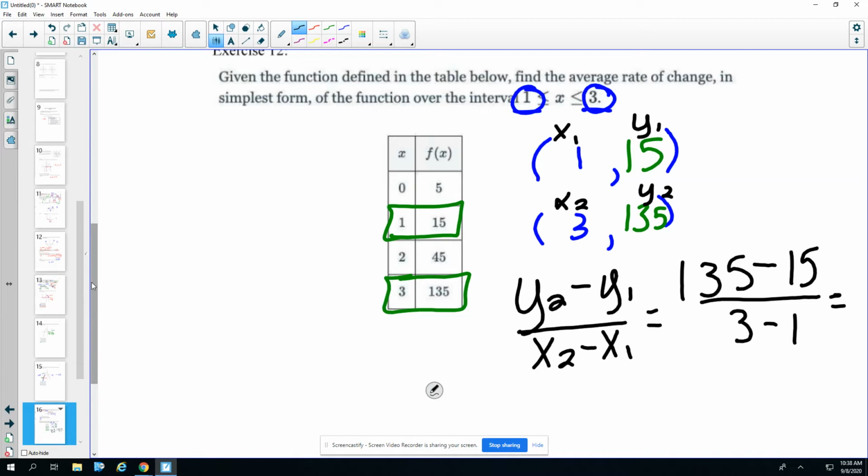So I can type this entirely in my calculator. That's probably the easiest if you have a graphing calculator. If you don't, you might want to type in the numerator and denominator separately so you don't have to worry about parentheses. But this does simplify to 120 over 2, which equals 60. So that's how you do that with a table.